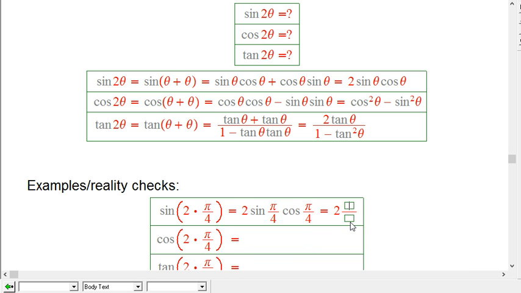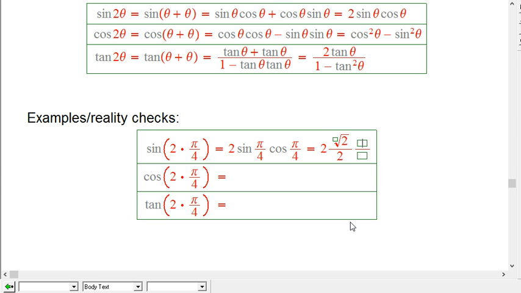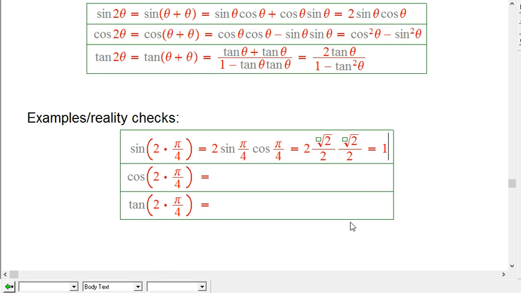So 2 times root 2 over 2, and that's also root 2 over 2 from our unit circle. So root 2 times root 2 on the top is 2, times another 2 is 4, all over 4, you get 1. Totally. 2 times pi over 4 is pi over 2, and the sine of pi over 2 should be 1. So this double checks that this is not crazy. It's kind of cool how it all fits together. This sort of has to work, but it's also a little bit magical.